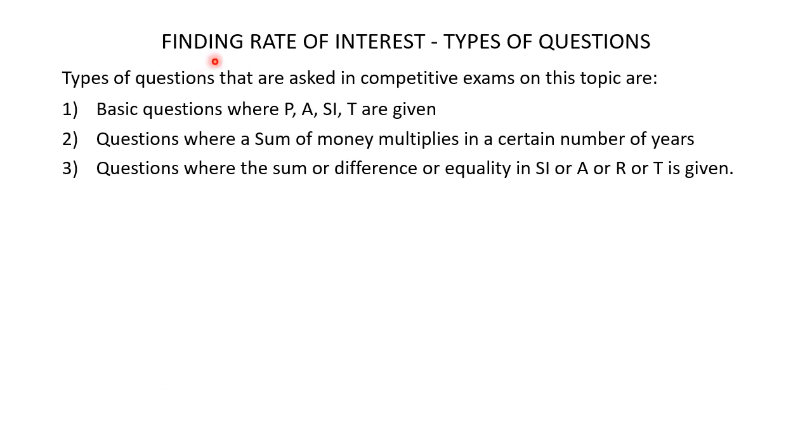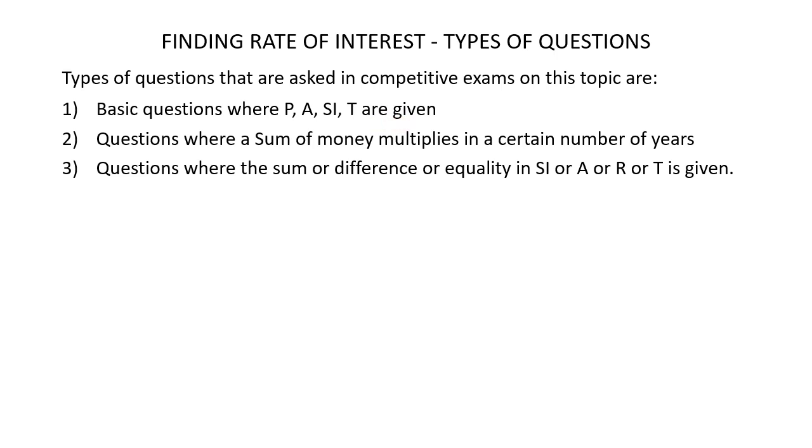Finding rate of interest. The types of questions that are asked in competitive exams on this topic are: Type 1 is questions where the principal, amount, simple interest, time are given.